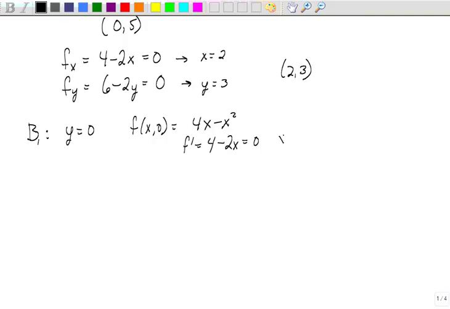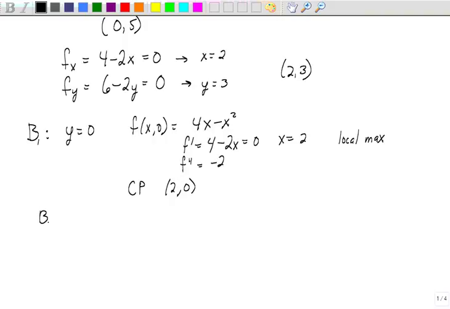Set equal to 0, we get x equal 2. The second derivative is negative, so that is a local max. So f of 2, 0 is something that we need to check out. 2, 0 is a critical point.